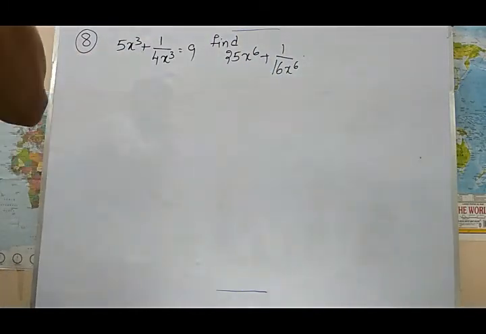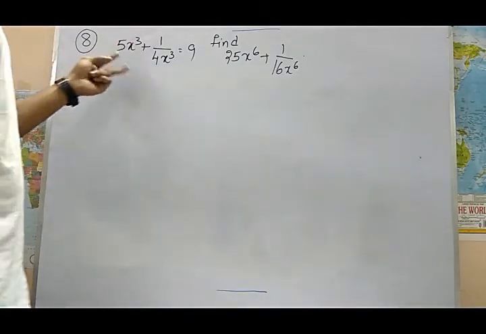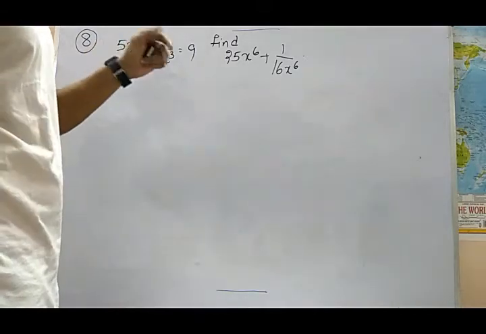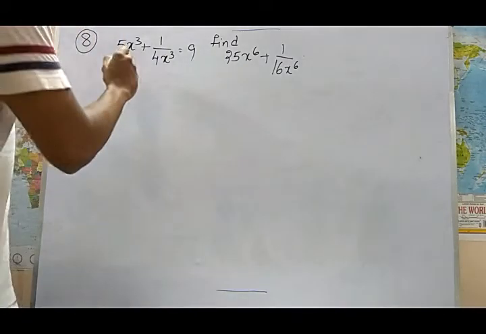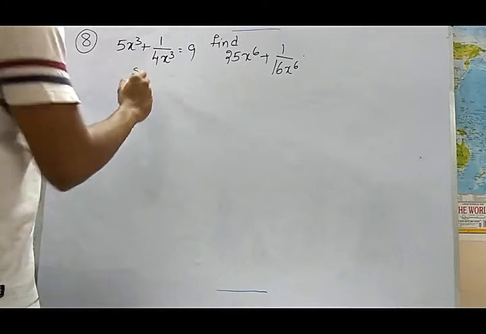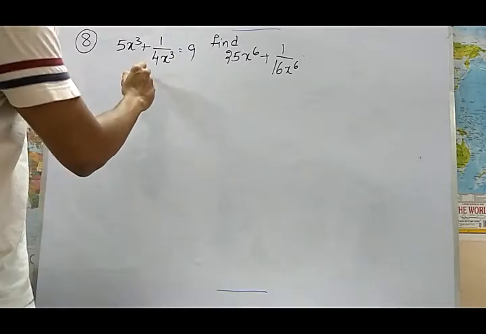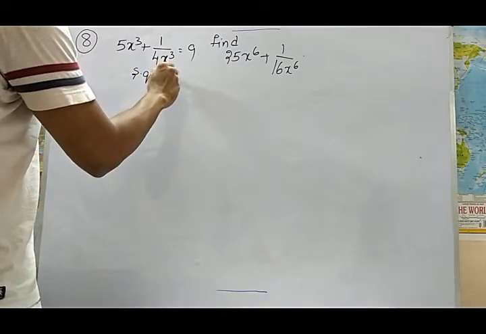I have already told you in the last class that in order to get a square of a value given in the question, we require to do squaring on both sides. So we will do squaring on both sides, on the left hand side and right hand side.